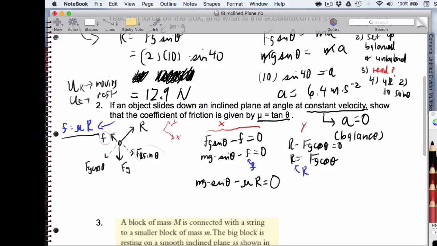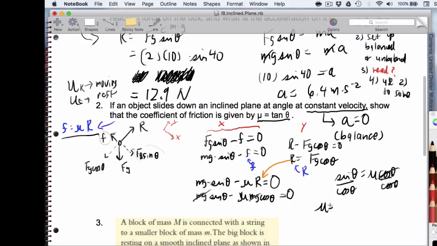Now I substitute. This goes into here. When I simplify, I get mg sine theta minus mu mg cos theta equals 0. I can divide out the mg's. I end up getting sine theta equals mu cos theta. I divide both sides by cos theta, and I get that mu equals the tangent of theta.